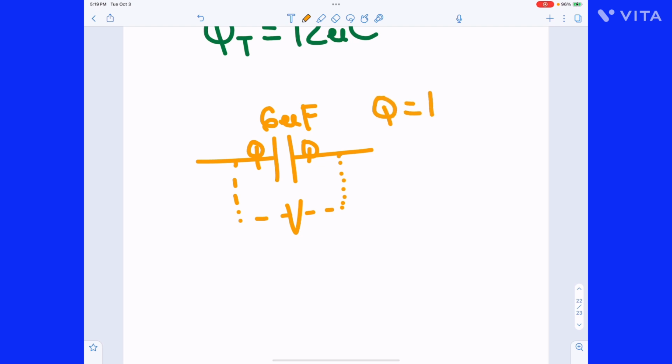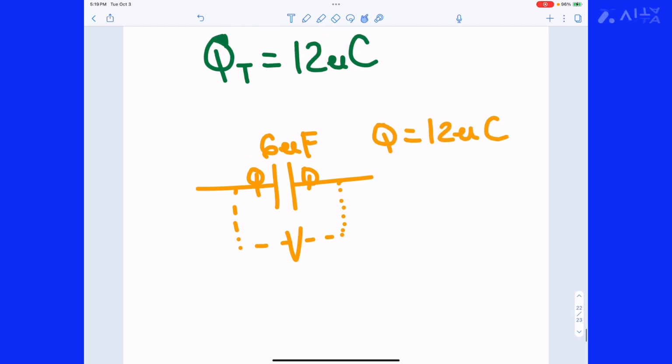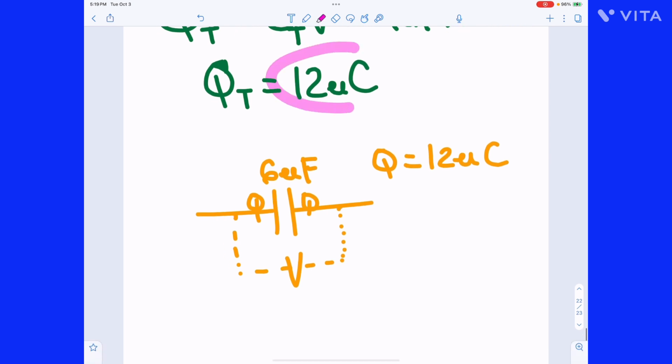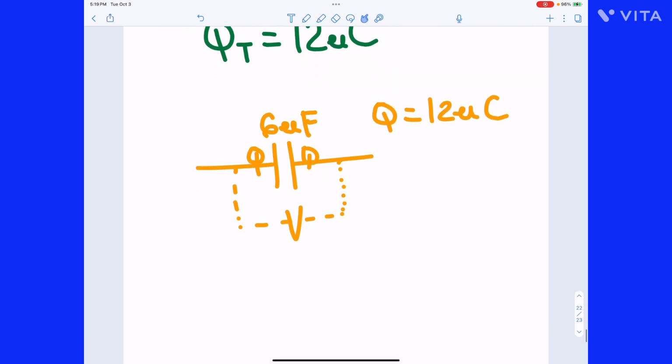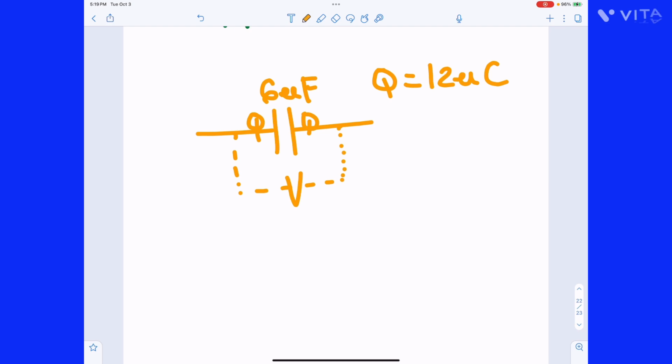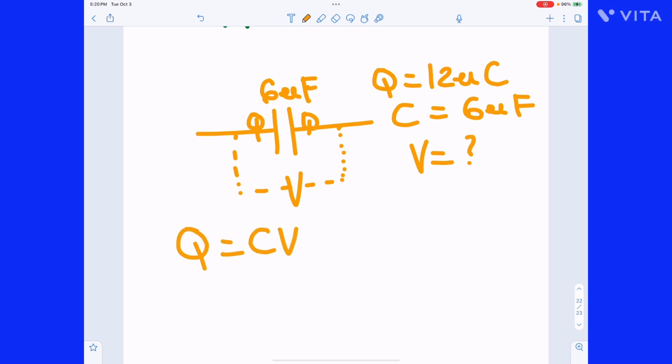You know that it stores 12 microcoulomb charge, like we found here. So I know Q, I know C, 6 microfarad. That's the capacitance of the 6 microfarad capacitor. Then I know the voltage. I'm looking for the voltage across it, using Q is equal to CV.